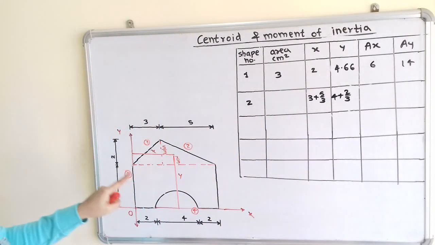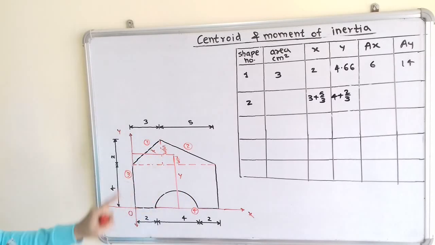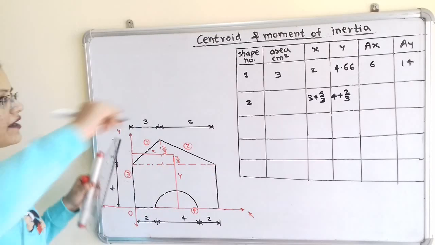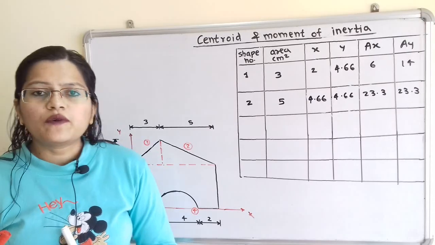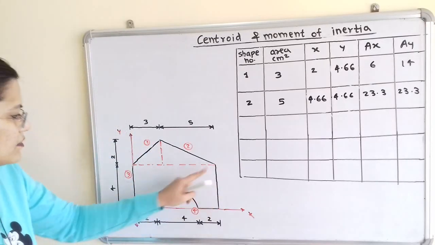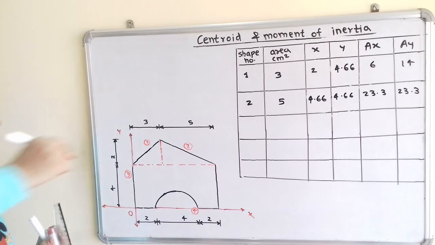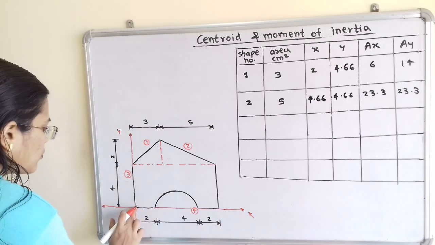The area is equal to half multiplied by base multiplied by height. Half and 2 get cancelled, so the area is 5 centimeter square. Now we will move to shape number 3, which is in the form of a rectangle. The first step is to select the center point. This is the center point for the total height and total base.